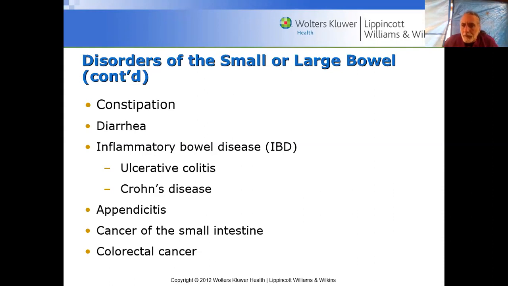Appendicitis. Again, this is another one of those pieces where we are learning as we go. A patient with appendicitis in the past may have been scheduled right away for an appendectomy, just removing the appendix. And somebody got smart.